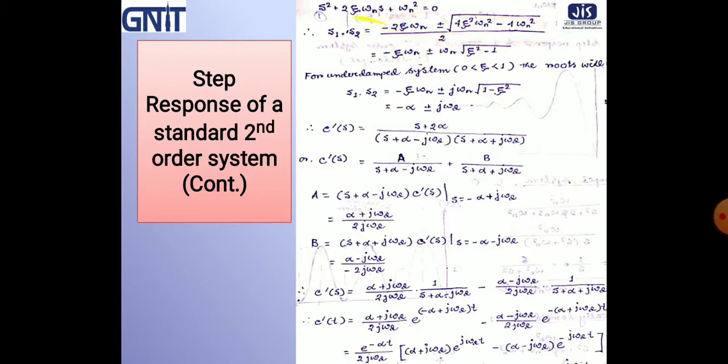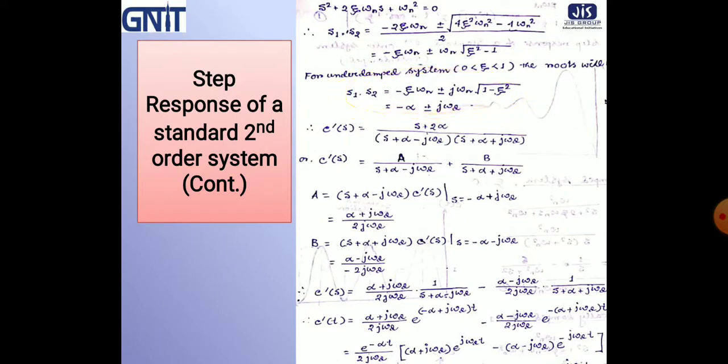So S1 and S2 will be the two poles, and they are minus zeta omega n plus minus omega n root under zeta square minus 1. Now in case of an underdamped system, that means zeta is lying between 0 and 1, the roots will be like this.